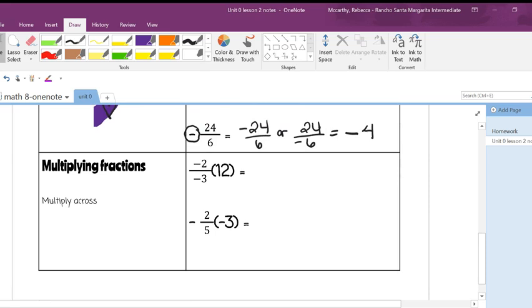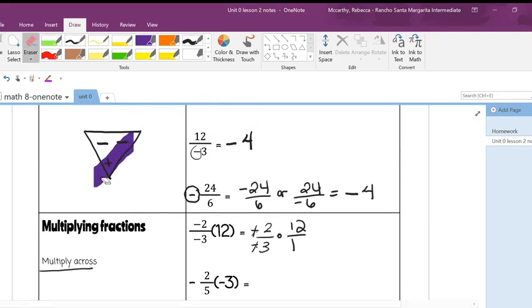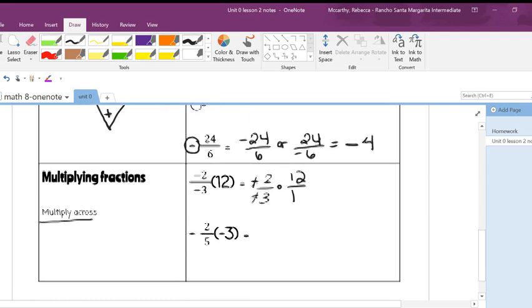You'll also have some fractions at times. When I look at multiplying fractions, I multiply across, okay? So I'm going to write this as negative 2 divided by a negative 3 times 12 over 1. So I know I have a negative divided by a negative. Well, I know they cancel out, or I could use the whole idea of Mr. Rudy and cover up my two negatives and realize it'll be positive.